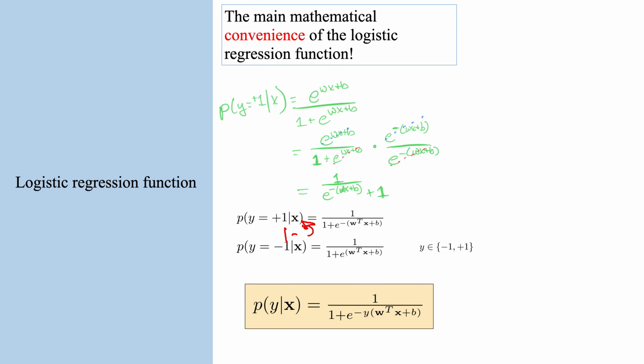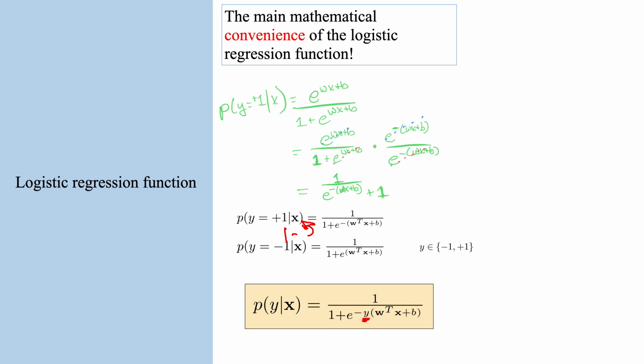So here is a way to make our lives super easy. Remember, we picked y to be plus 1 and minus 1 this time. If you may remember, there have been times when we called this 0. But we don't do that here. We use minus 1 because it's a mathematical convenience, because then we can just put y in the front there.